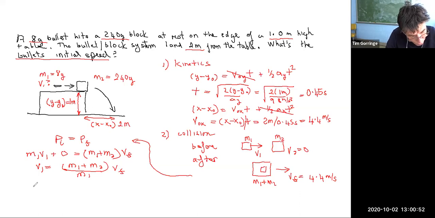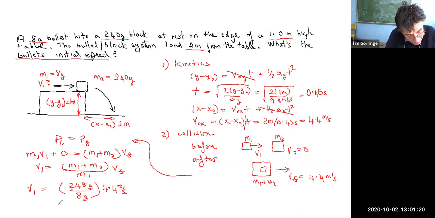And now all we have to do is to fill in the masses. The bullet was 8 grams, the block was 240 grams, so that's 248 grams total mass over 8 grams, and multiply by the 4.4 meters per second.